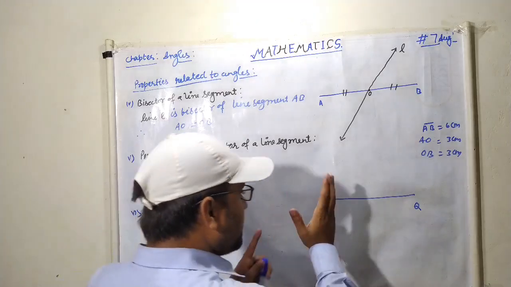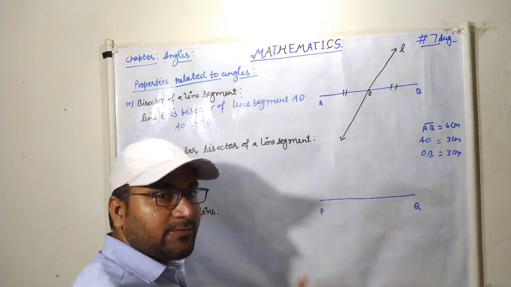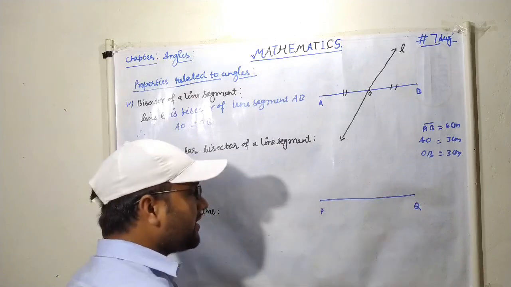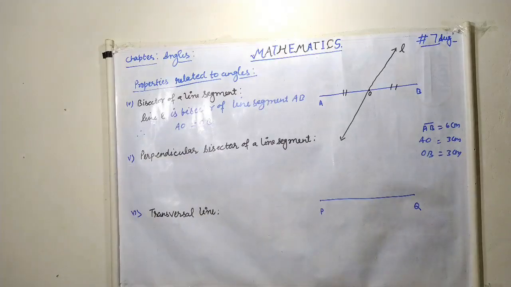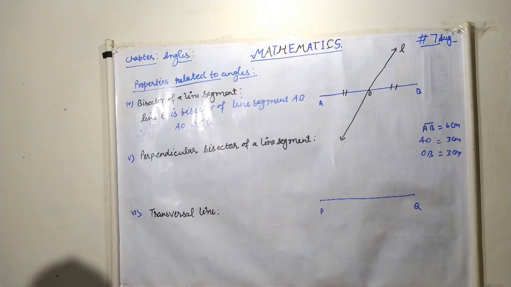A line that divides a line segment into two equal parts and forms 90 degrees at the bisecting point. Okay. A perpendicular bisector of a line segment is a line that divides the line segment into two equal parts and is perpendicular to it.